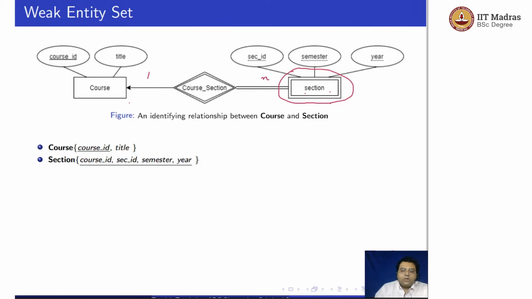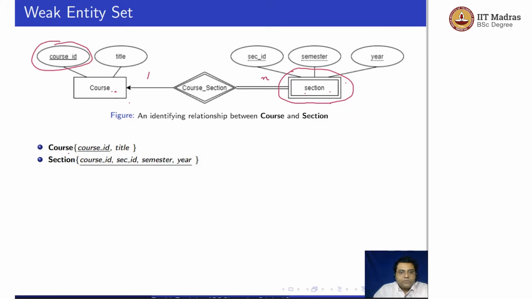So that's why the normal rule for 1 to many cardinality, what we have learned, is also true over here. So what was that? The primary key of one side becomes an attribute of the many side. So if you look at the strong entity, which is the course, on the one side, right?